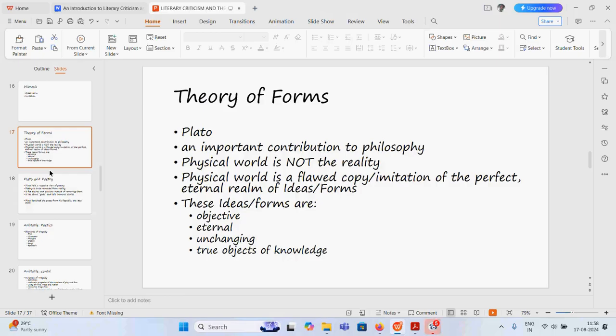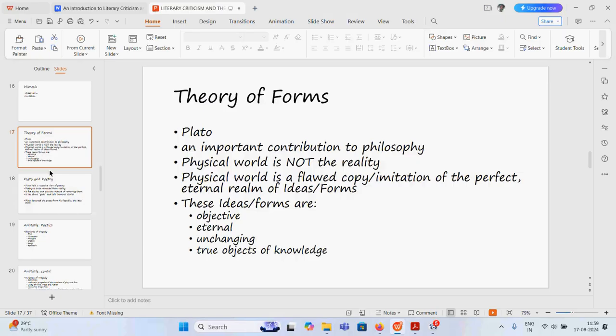According to this theory of forms, the physical world that we experience is not the reality. What we see around us is a flawed copy or an imitation, mimesis, of the perfect eternal realm of the ideas or the forms. What are these ideas or forms that Plato talks about?